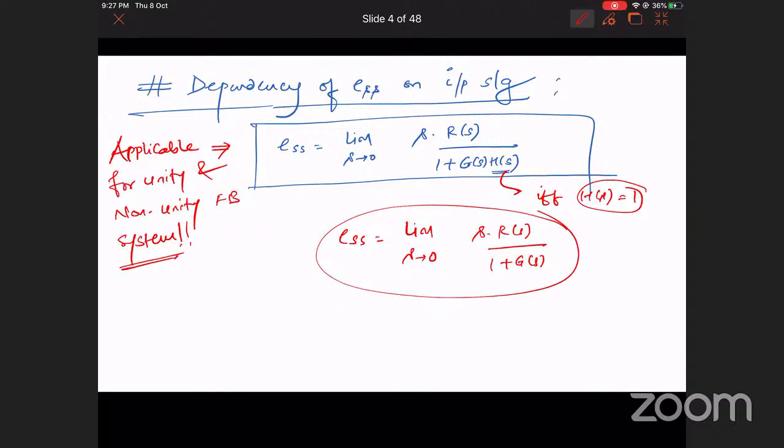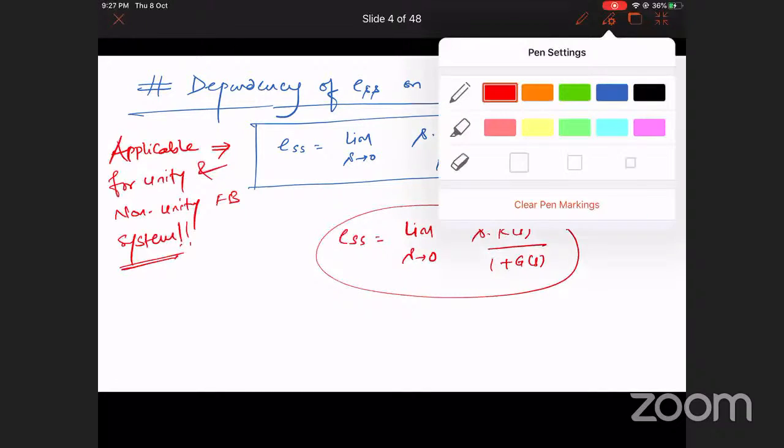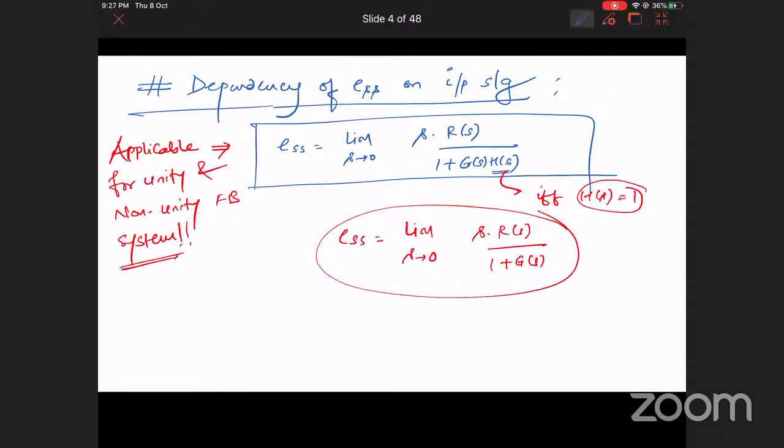I'm moving with my further discussion, guys, because we have to complete the maximum number of things. I'm moving faster now. So I'm going to see the dependency of ESS in terms of input signal.